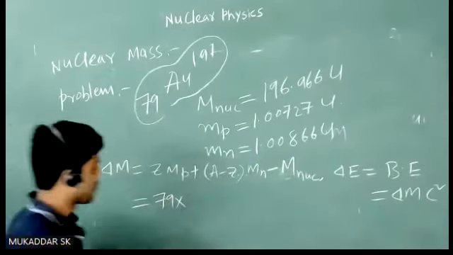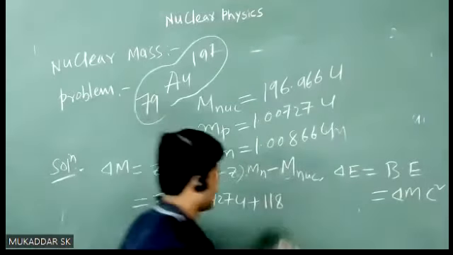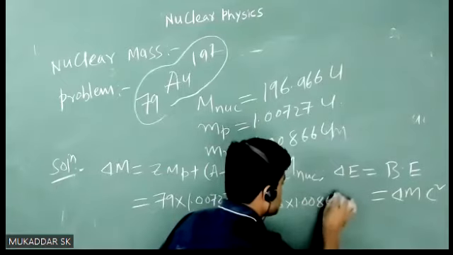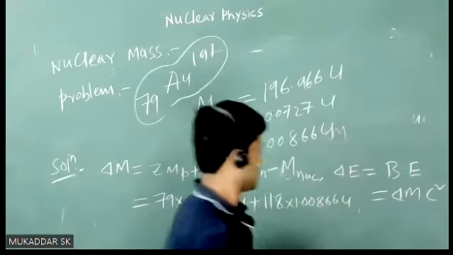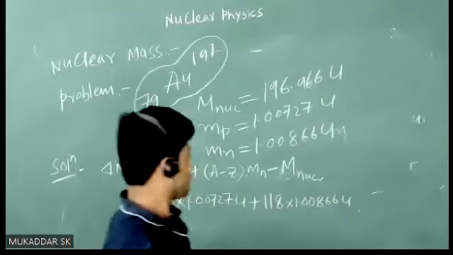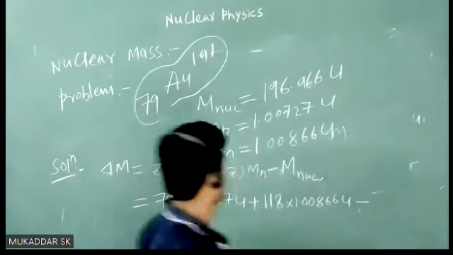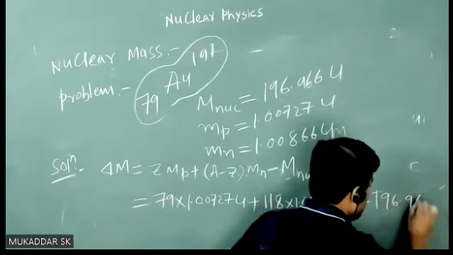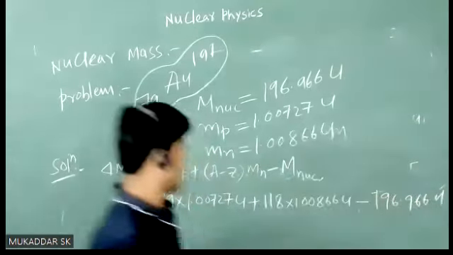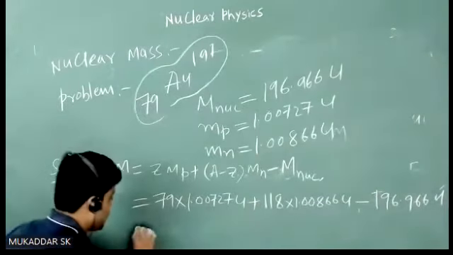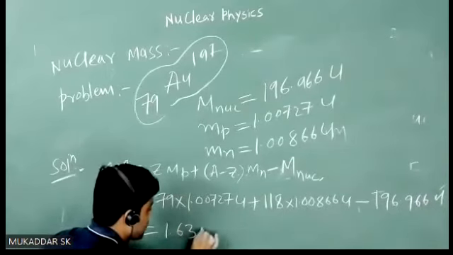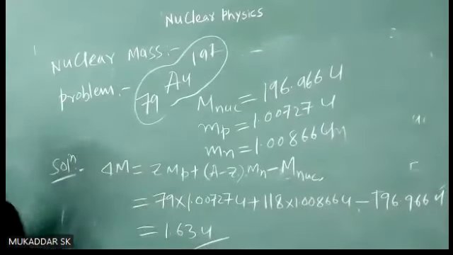Then A minus Z will be how much? 118, right? Very good. The mass of a neutron is 1.00866 U. Then the last factor is the actual mass, 196.966 U. If you calculate it, it's very simple mathematics, you will get approximately 1.6 in atomic mass unit.